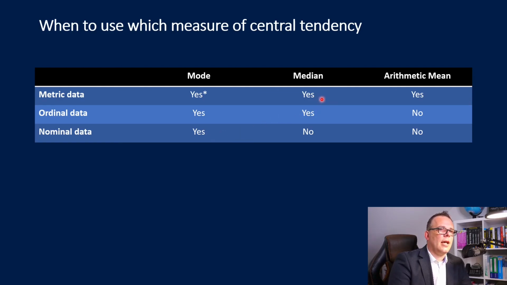The median can be calculated for metric and ordinal data. Since ordinal data is ordered, you will find someone in the middle. But you can't use it for nominal data, of course. And the arithmetic mean can only be used for metric data, but not for ordinal and not for nominal data.